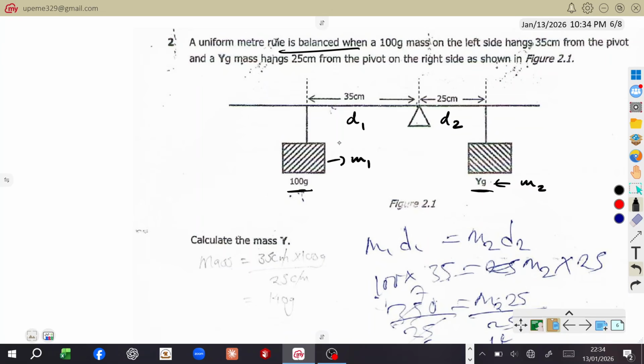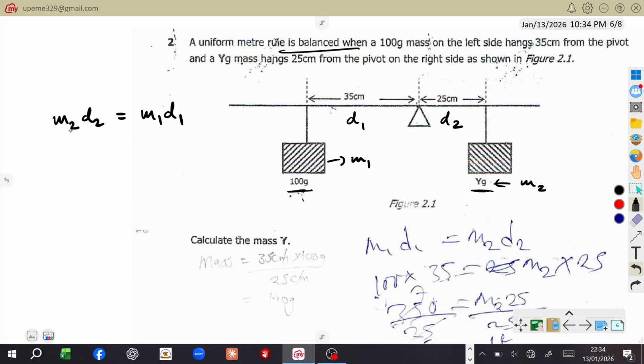So that's how simple it was, because everything was provided. So we say, using the principle of moment, m2 d2 is equal to m1 d1. m1 is actually 100 grams, and they say calculate the mass y.